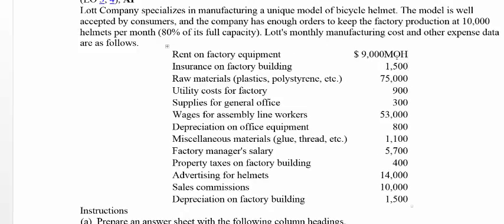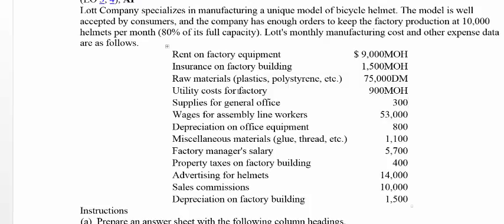Insurance on factory building, manufacturing overhead. Raw materials used in the actual manufacture of the bicycle helmets, direct materials. Utility costs for factory, MOH, or manufacturing overhead.